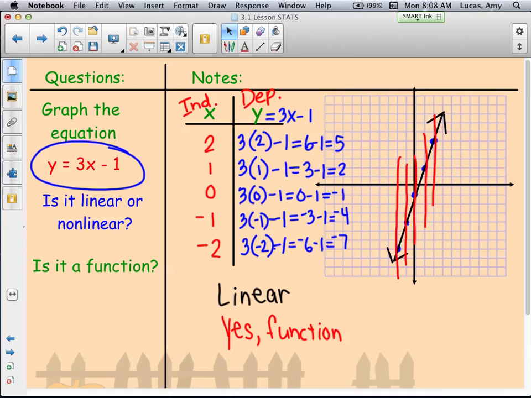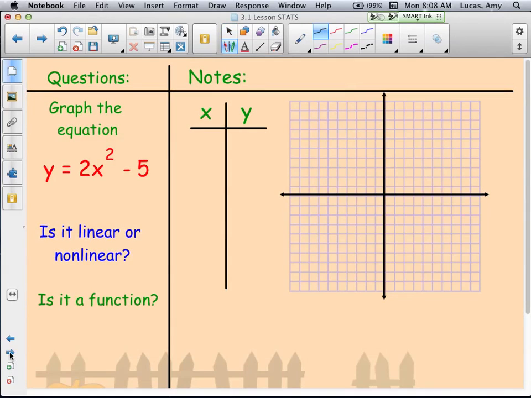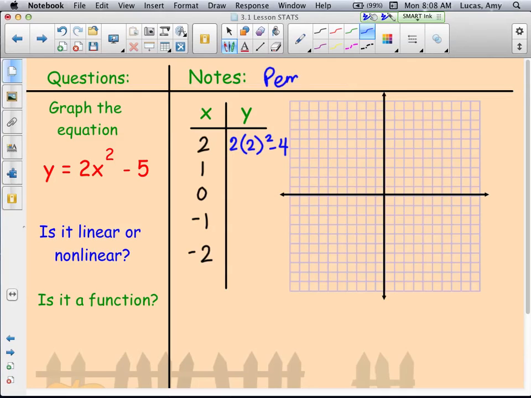Okay, so the next one on your worksheet should look like this. I'm going to go with my favorite values again. So if I plug in 2, look at how I plug it in. Remember that when you do PEMDAS, you have to do parentheses and then exponents.